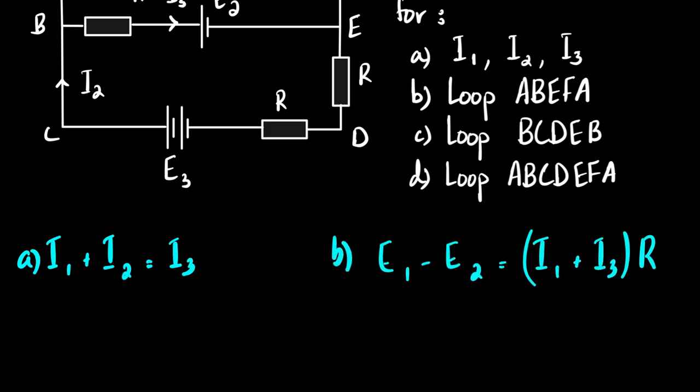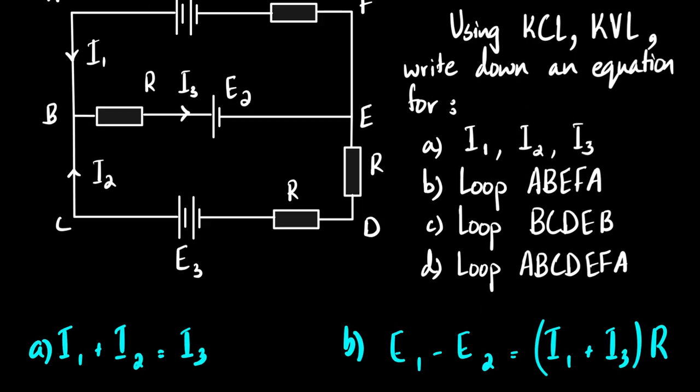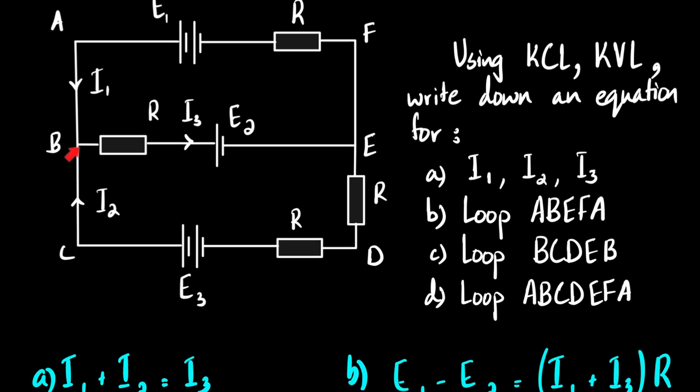Let's look at part C now. Part C says loop B, C, D, E, B. In this case as well, I2 and I3 are in the same direction, so there is no clash. I don't need to do anything other than see which EMF is going to be taken as positive and which as negative. Current enters into the positive terminal in this one, so this is going to be taken as negative. Current enters into the negative terminal here, so this is going to be taken as positive.